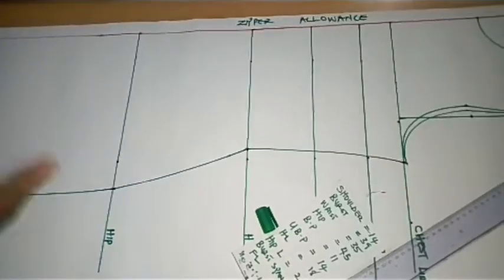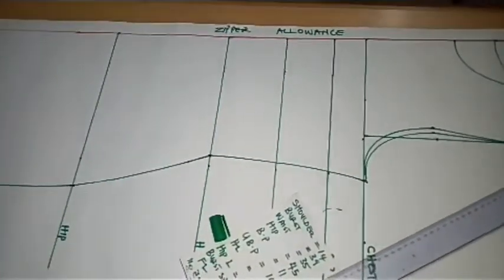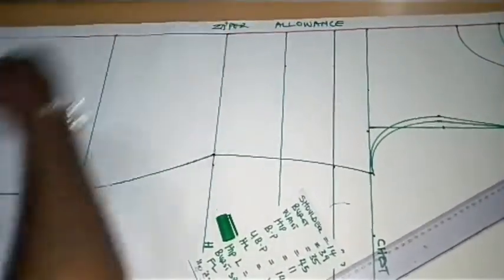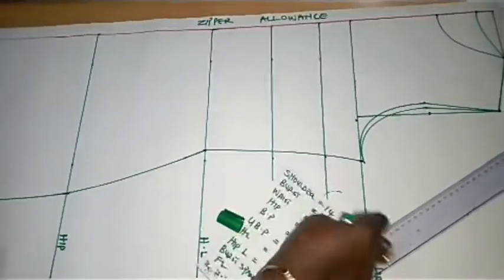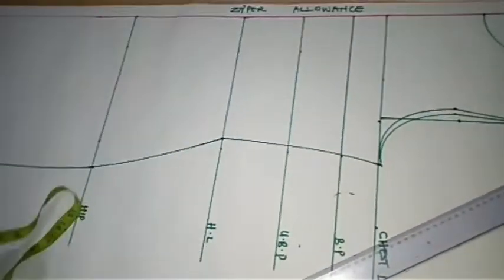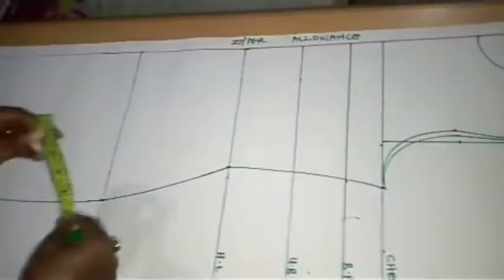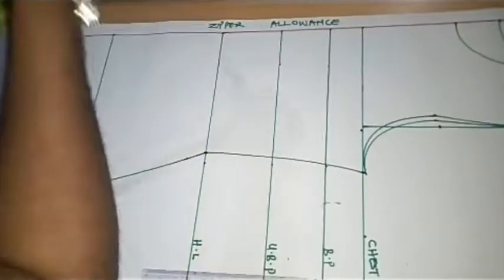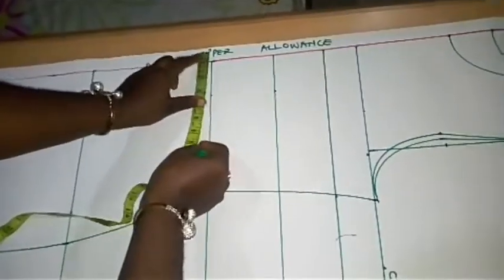I want to come to the zipper. Remember, we are drafting front and back, don't be confused. So for the back drafting right now, on the half length, this is my waist. So I'm going to contour my line because I'll be putting a zipper at the back of this shift gown.